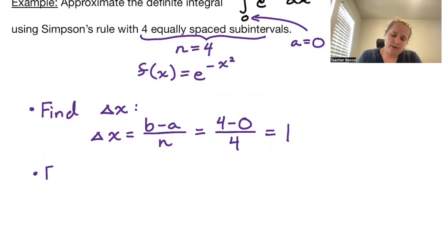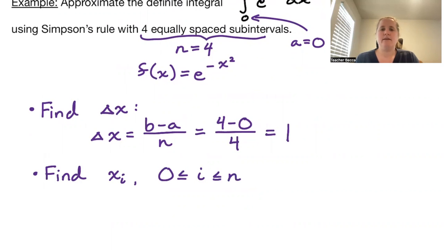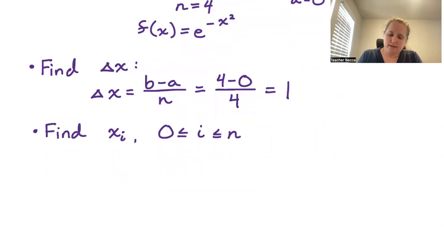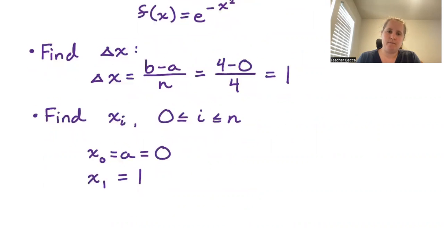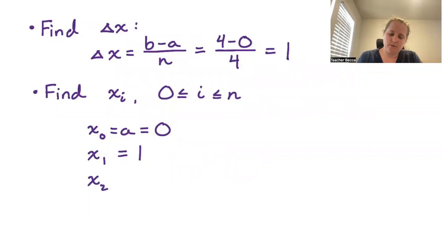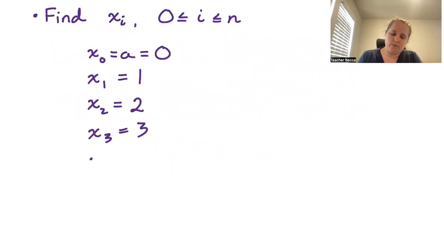The next step, we have to find our xi for 0 less than or equal to i less than or equal to n. So our x0 is a, which is just 0. x1 will be that plus our delta x, or 1. x2 is that plus delta x, or 2. x3 will be 3. And x4 is 4.